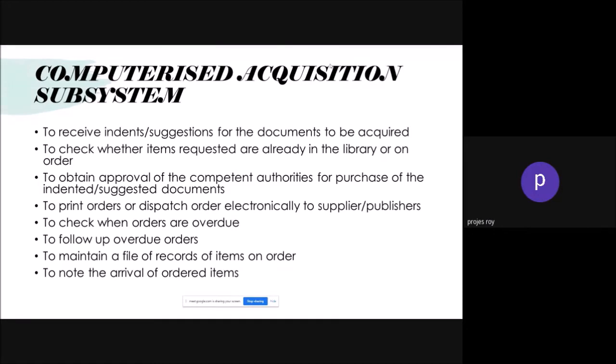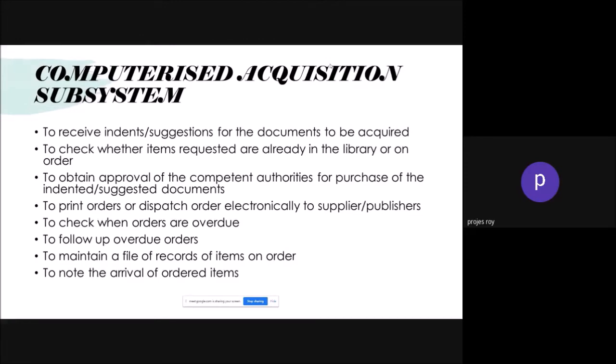So you have to follow up the order. You have to call up. You have to say, we'll cancel the order if you do not give it. Sometimes both publisher and bookseller take much time. The reason behind that, sometimes the book may not be available in the market. So that happens normally. It's day-to-day, it's a part of the job, right?